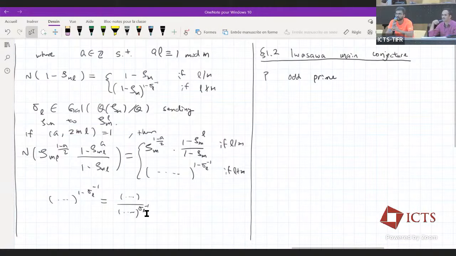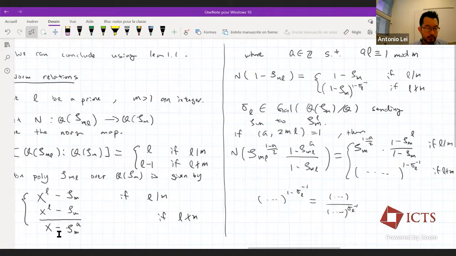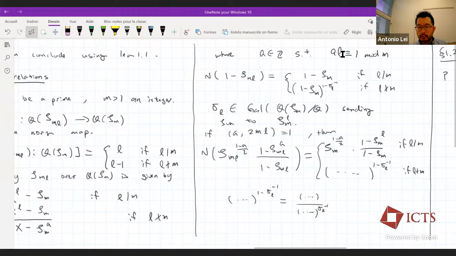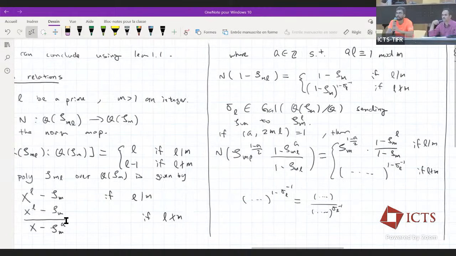This is why I have this extra factor, because of this denominator here. This A is like an L inverse, because A is L minus 1 mod M, and so this is why I have a sigma L minus 1 here. Is that okay?